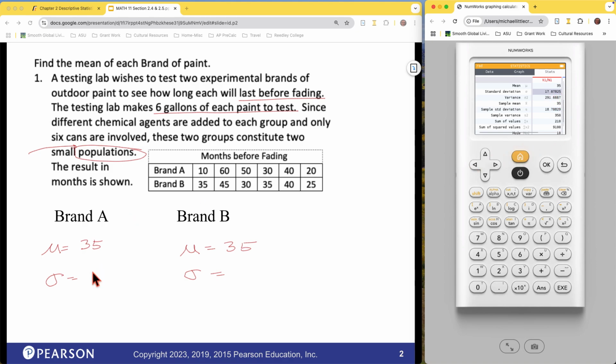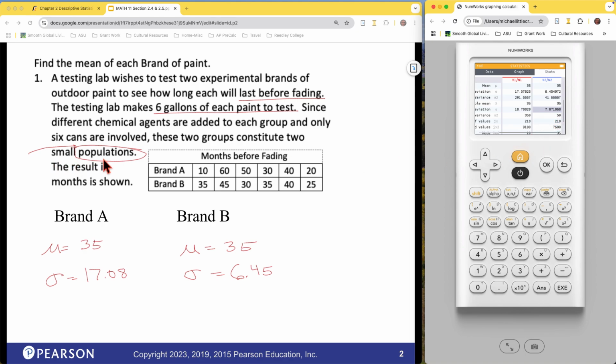We're going to put that for brand A, 17.08 rounded up. And for brand B, the standard deviation of the population is 6.45. Notice if this was a sample, that standard deviation is down here. That would have been 7.07.